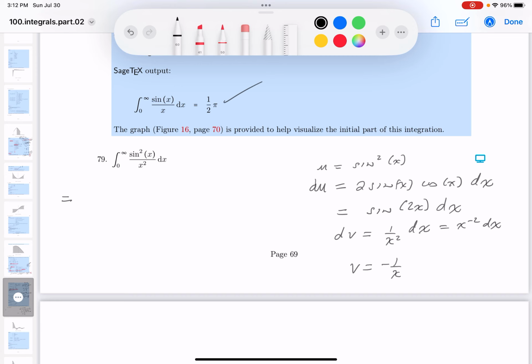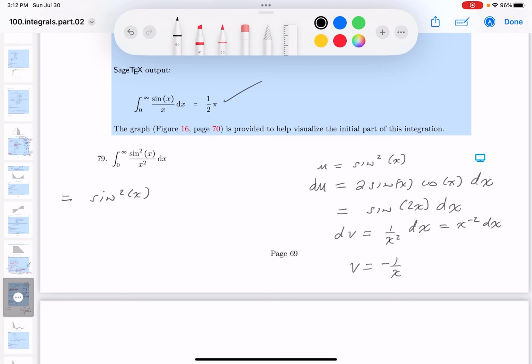So this is going to be equal to, I'm doing the uv now, sine squared x times minus 1 over x. I should be using limits of integration, but I've been doing so many of these things, I'm starting to get tired of that. We'll talk about that later, by the way.